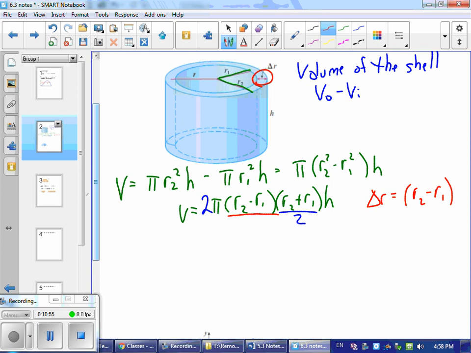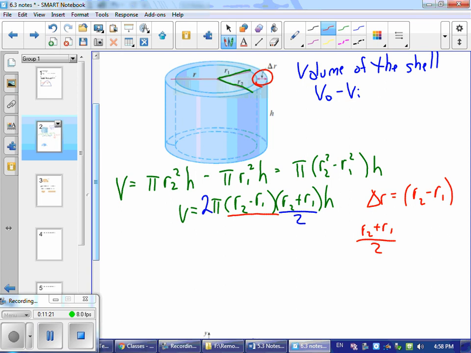And the other piece that I'm going to deal with is the fact that R2 plus R1 over 2, well, if you add 2 radii and divide it by 2, doesn't that just give you an average, right? Add 2 things up, divide it by 2, it gives you an average. Well, here's the piece of information that's important.